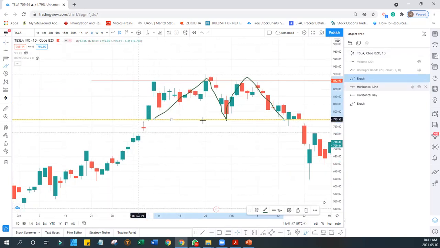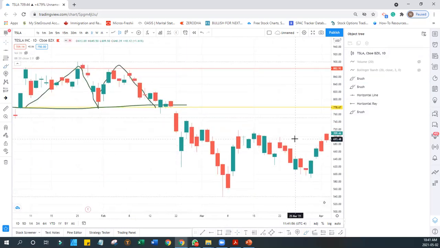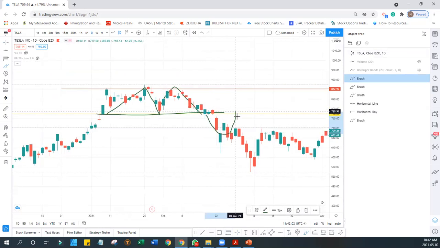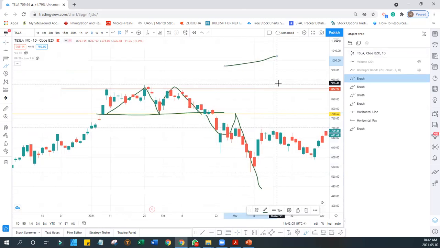Once the neckline of this is broken, it becomes bearish. It always becomes bearish, and usually it comes from a bottom, tests it again, and then falls. That's how the market works. How can you predict this U shape that it will fall? It's going to fall because that's how the pattern works.